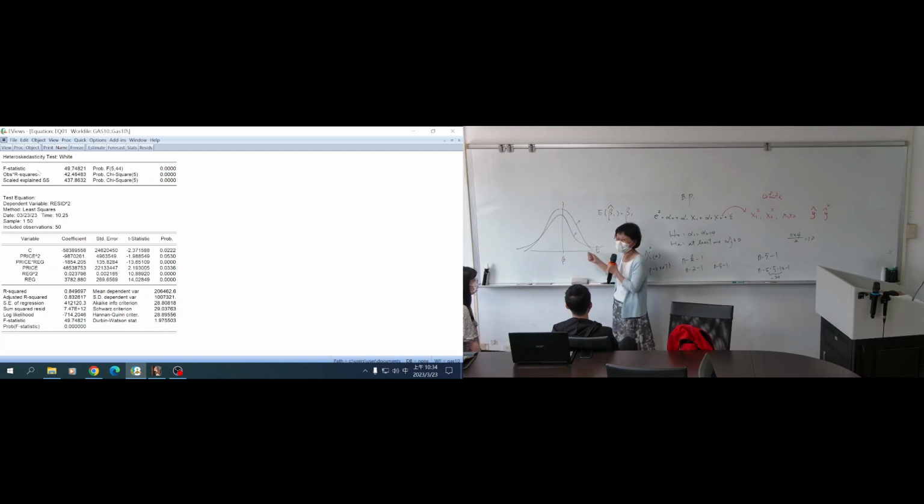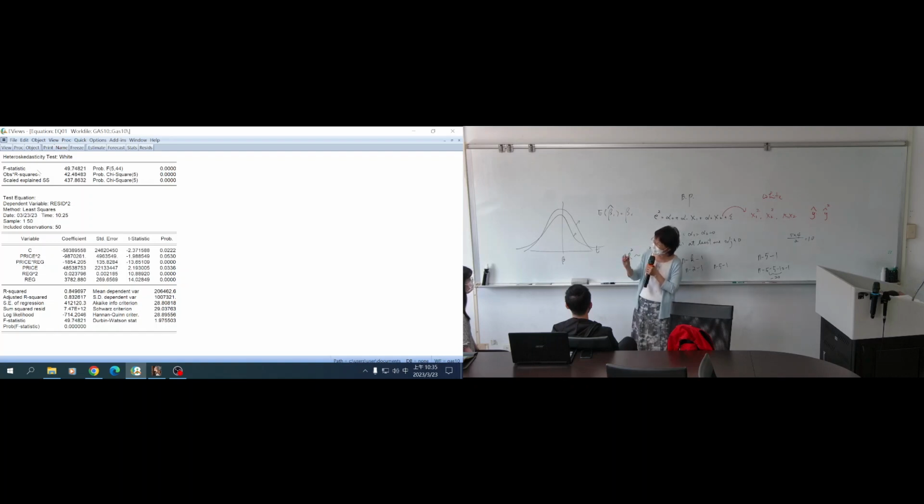So either one will influence our type 1 error. The p-value is the observed type 1 error, right? Because we compare it with alpha. Alpha is the allowable type 1 error. The p-value is observed, according to the data. Okay? All right?